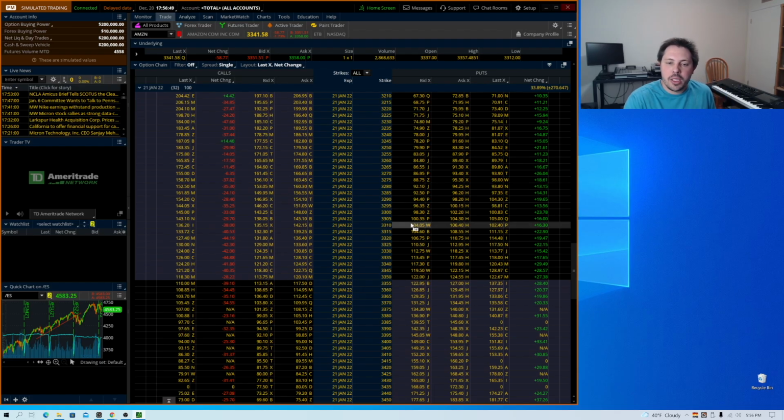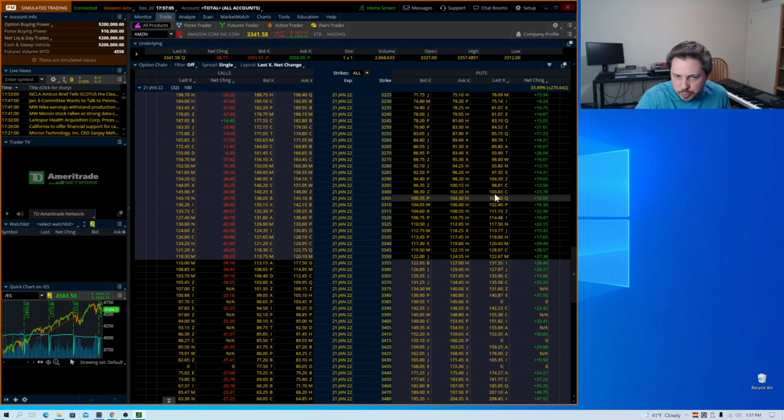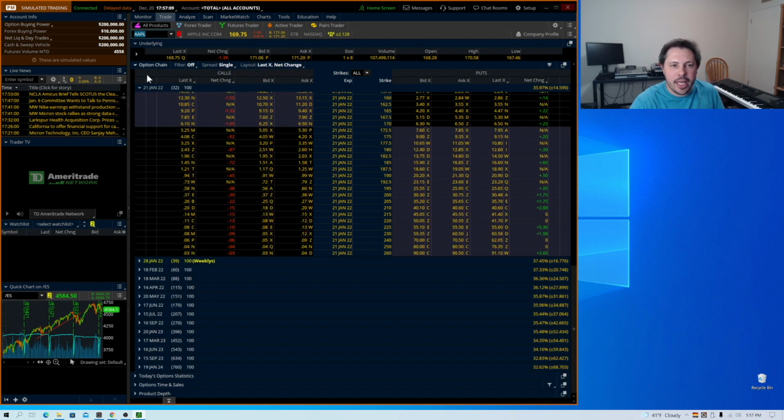So there are three different ways that we can look at options when we think about this options chain. And the first one that we're gonna look at is represented by this highlighted area, right? So let's actually bring up something else. Let's look up Apple again.